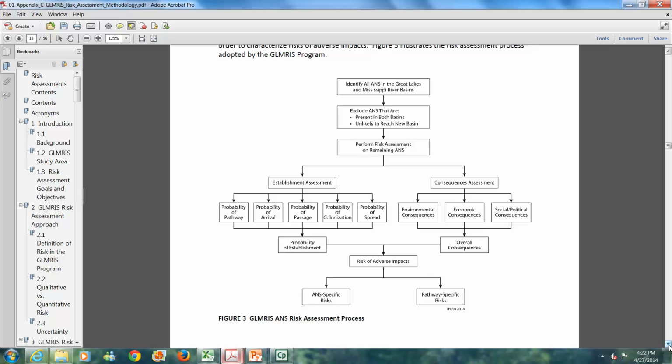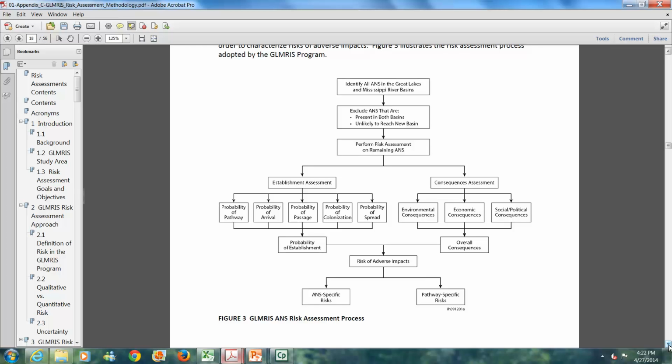We're not going to go into the details right now. We will before we get through our program. But you can see that those 5 components of establishment become aggregated into a measure of the probability of establishment. The 3 measures of consequence get aggregated into an overall consequence.